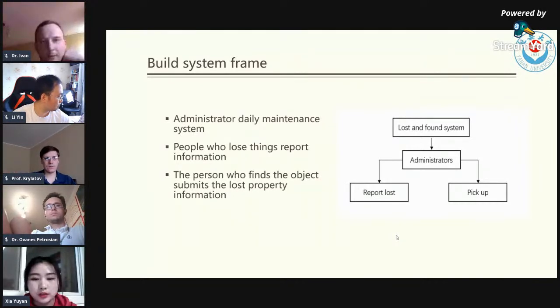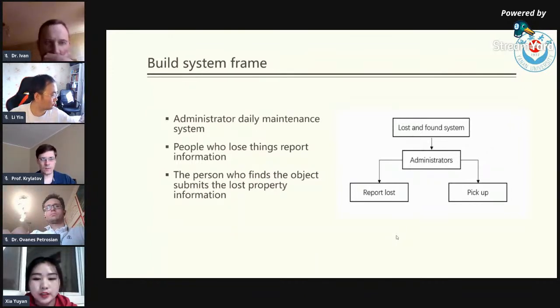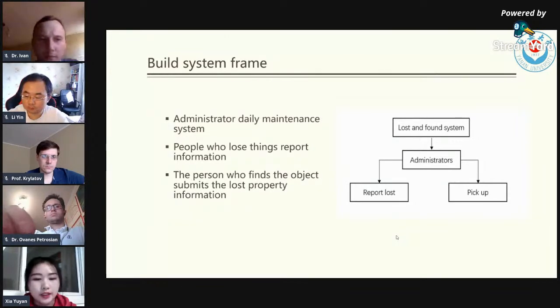automatically after loading, and it will show that you have made a successful login if your info is right. If an error occurs, the administrator will inform you to log in again. After the administrator logs in successfully, the info of the lost property and the recovered lost property is also to be updated in accordance with the owner of lost property and the increased info of lost property in the database.